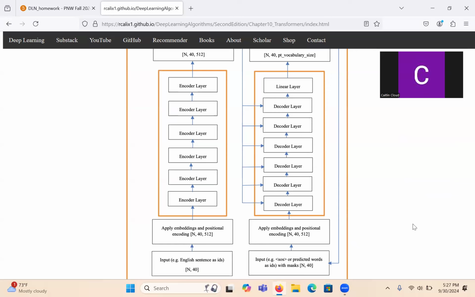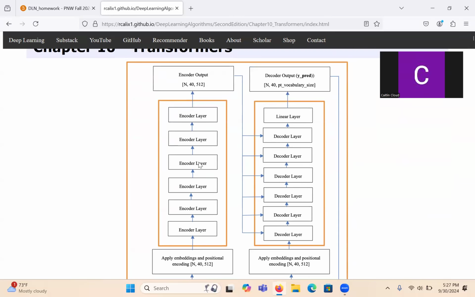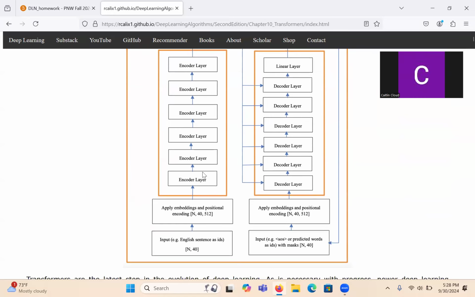All right, so the architecture of a transformer is this whole big thing right here. It's a pretty big thing. Just to give you an idea, this little square called an encoder layer is basically like one MLP that we were doing. Do you see what I'm saying? In the previous third of the class, we've done regression, MLPs, and deeper neural networks, right?